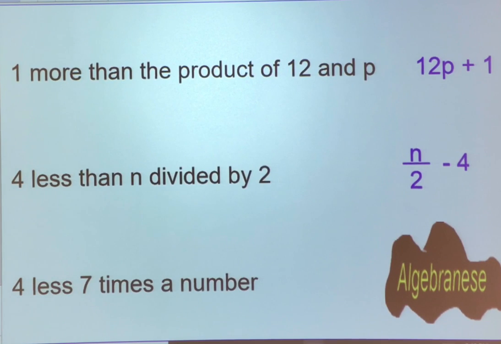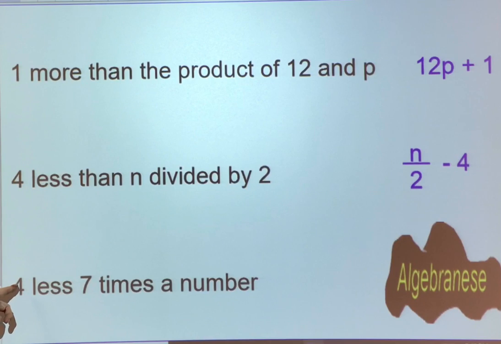Okay? Last example, and then you're off and running on your own. This one says 4 less, okay, 7 times a number. What do you notice different here? The word than. The last one said 4 less than, that means we're subtracting 4 from something. This one says 4 less.